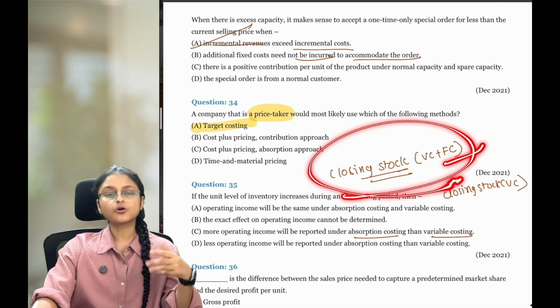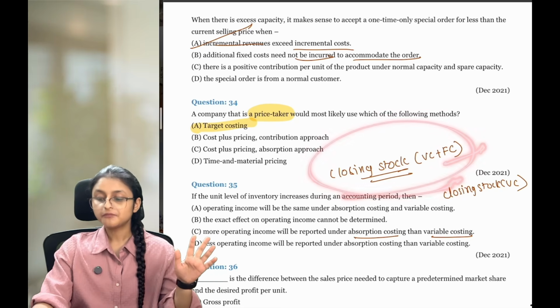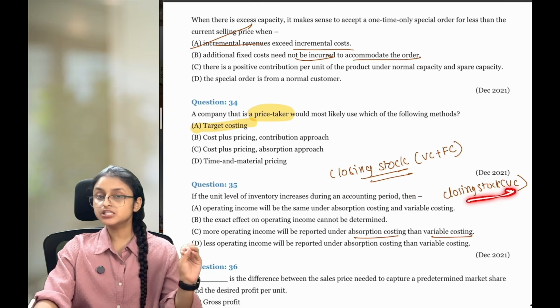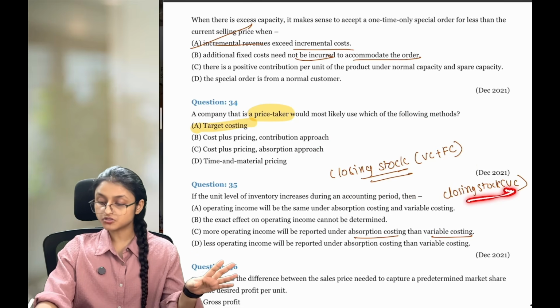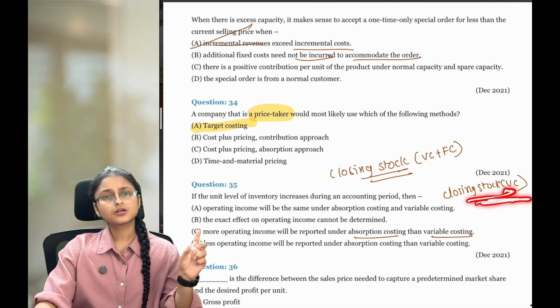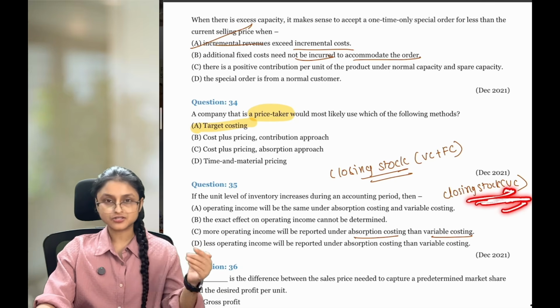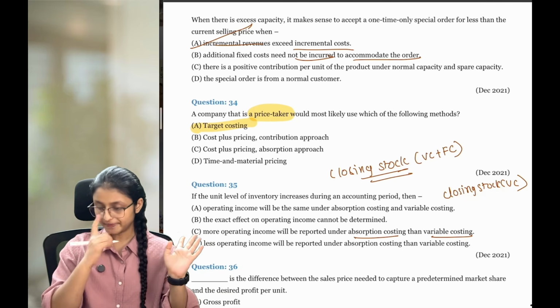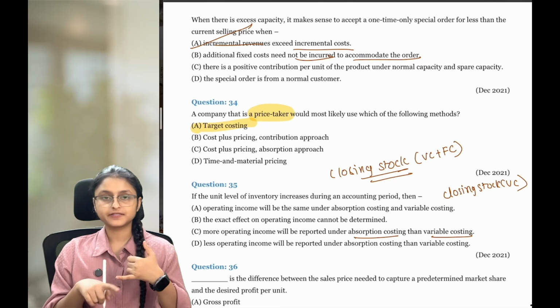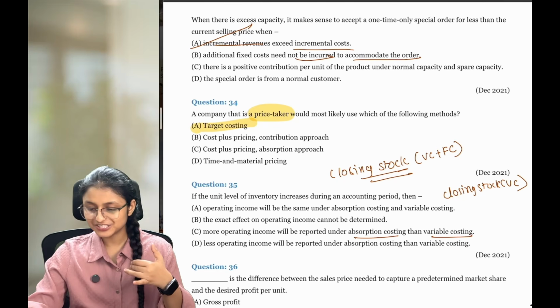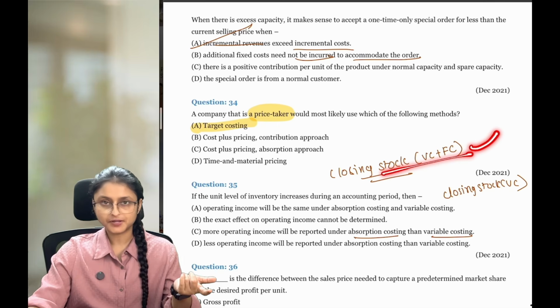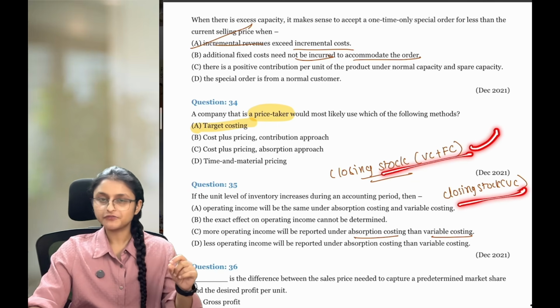Hence closing stock also has variable and fixed cost both. But your marginal costing only charges variable cost in cost of production. Hence your closing stock also contains variable cost only in marginal or variable costing. And if that is the case, then your closing stock is always going to be higher for your absorption costing as compared to that of your variable costing.